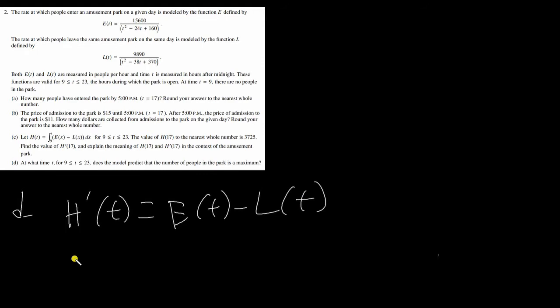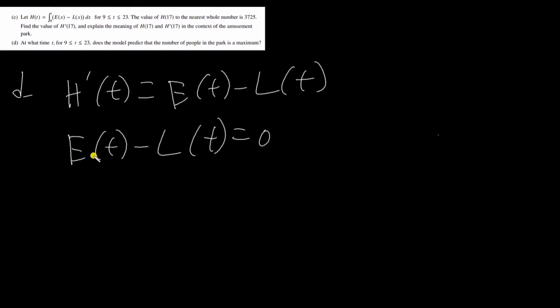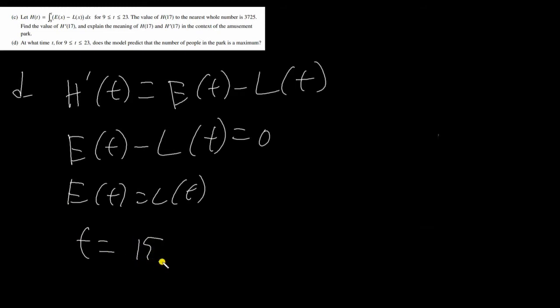And then on a new line, we're going to say e of t minus L of t is equal to 0. And then if we solve this, I guess you can say e of t equals L of t. And if you graph this, you will get that t is equal to 17.795 hours after it opens.